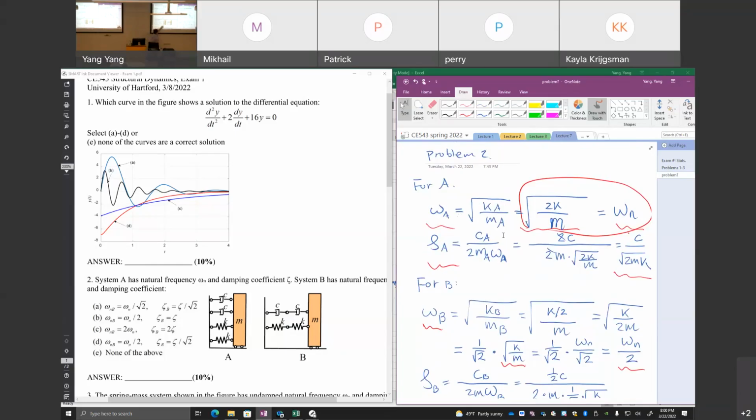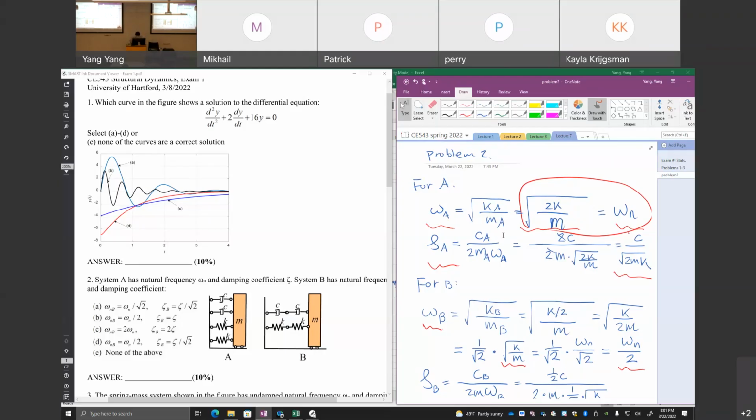The stiffness of system A should be 2 times k, while the mass should be m, not 2 times m, because we have only one mass. Does that answer your question? Yes, I guess so. So whenever we use omega n equal to square root of k over m, we have to be cautious about what value to use for k.